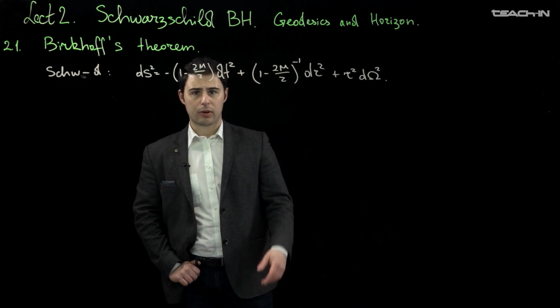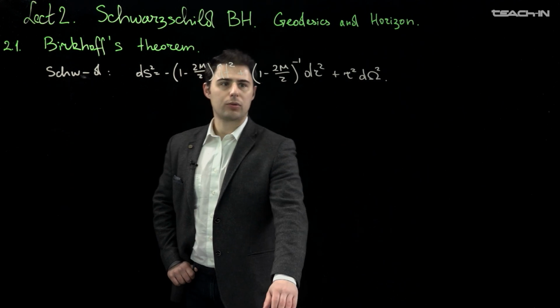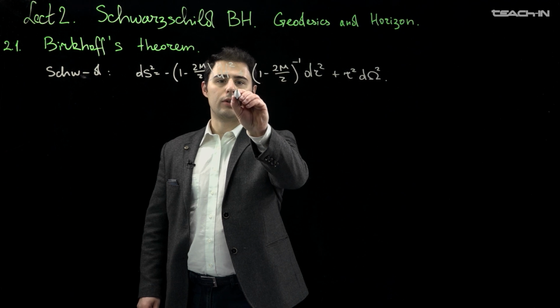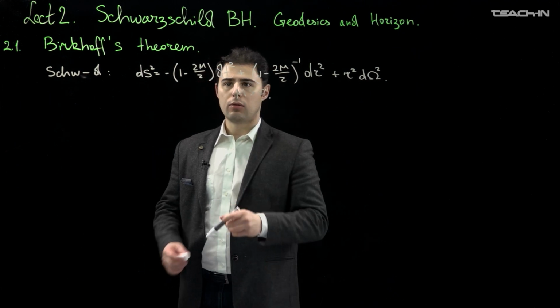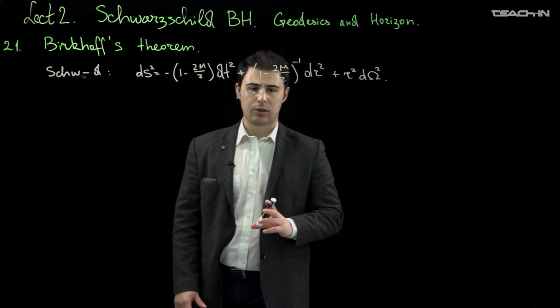In the last lecture we introduced the metric for the Schwarzschild black hole, and of course we have assumed that the mass is greater than 0. We will study the negative mass case in the next lecture.